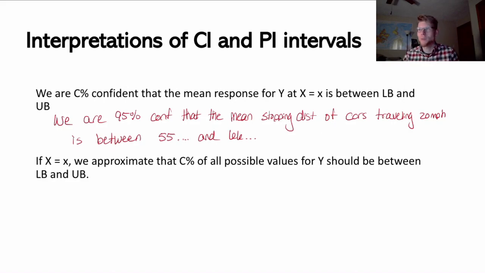In the case of a prediction interval for this cars situation, we didn't calculate one, but we'd say something like if speed equals 20, we approximate that 95% of all possible values for stopping distance should be between whatever values we calculate. And this interval should always be wider.